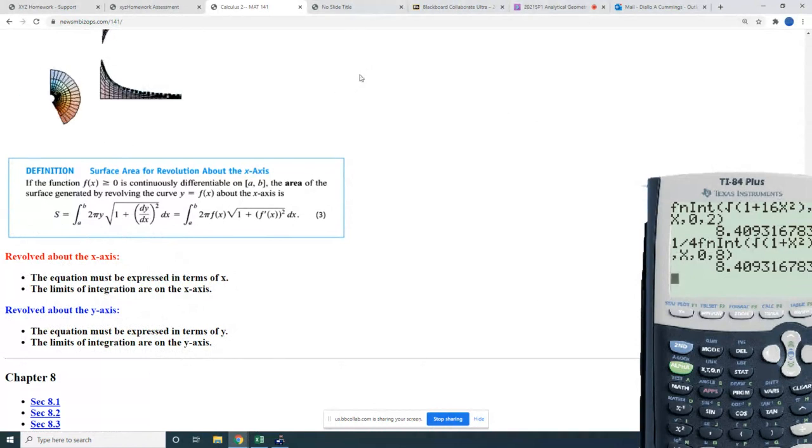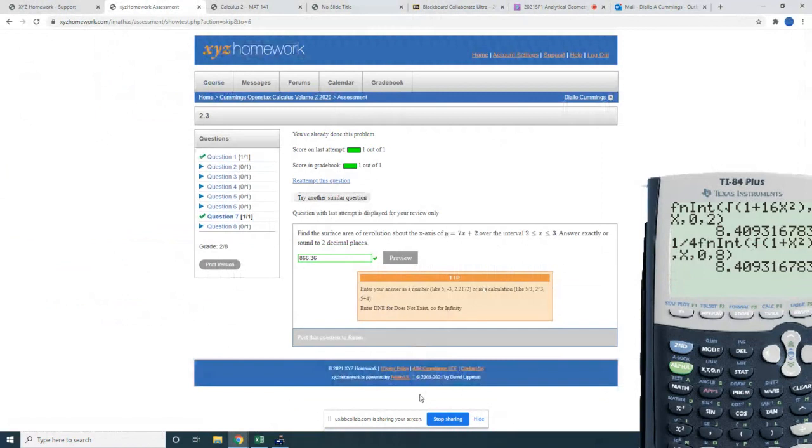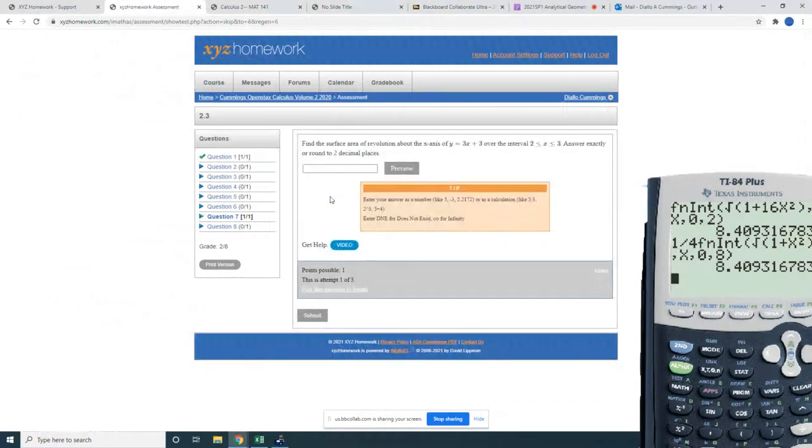All right, so let's take a look at an example. Okay, we'll take a look at number 7. So here we're asked to find the surface area of revolution. So notice this is not arc length, but it's surface area.